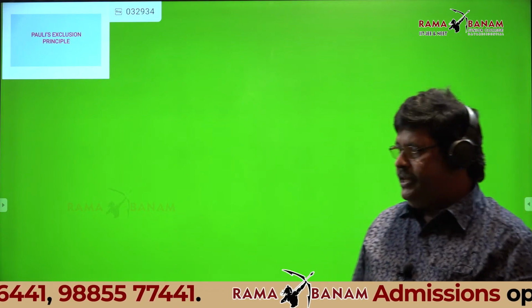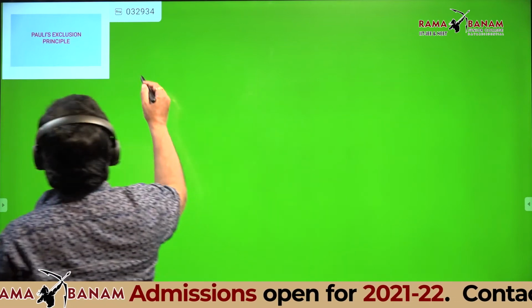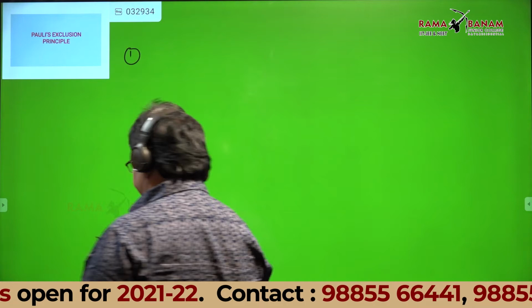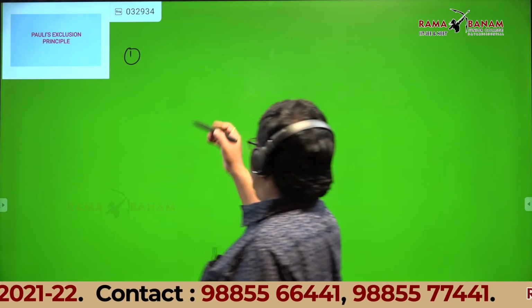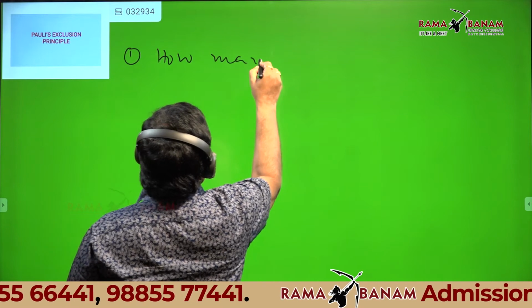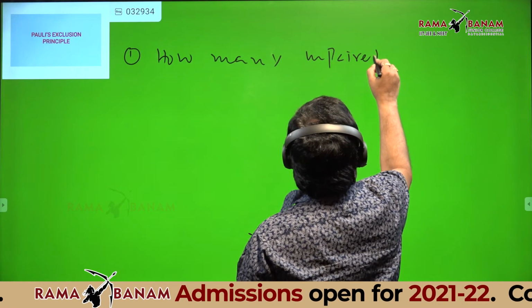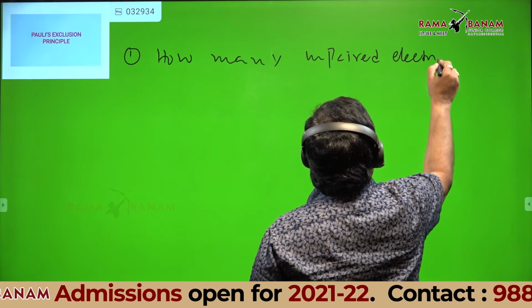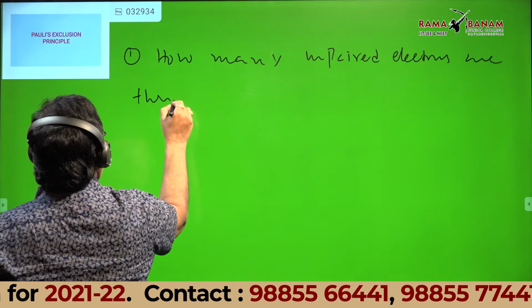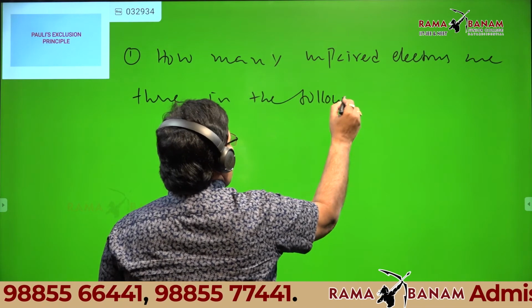Shall I write one question? Right. How many unpaired electrons are there in the following elements?